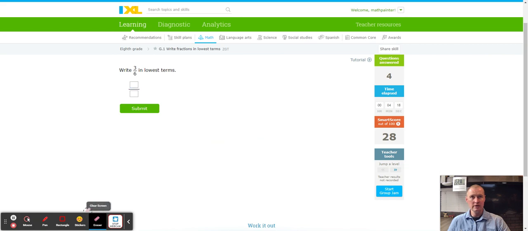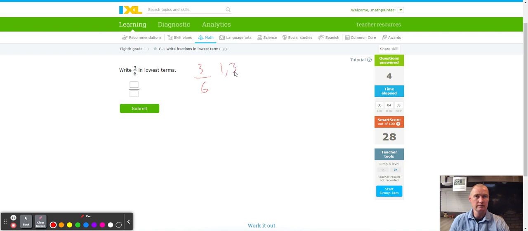Next up, we got 3 over 6. Now, this looks like one of those halves again. Notice that 3 is half of 6. But why does that make sense? Because if you have 3 over 6, the only values that go into 3 are 1 and 3, and the values that go into 6 are 1, 2, 3, and 6. How does that work? Because 1 times 6 is 6, and 2 times 3 is also 6.